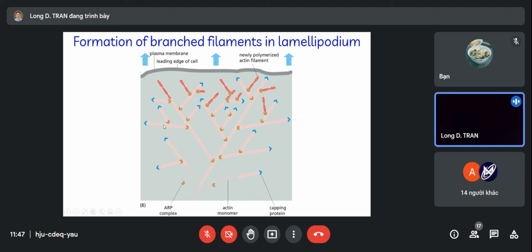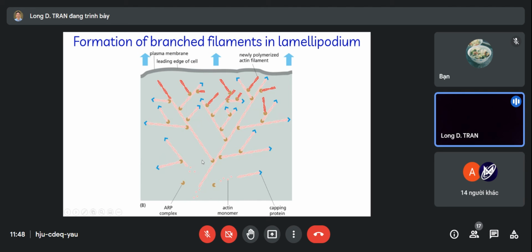And further at the back, some F-actin could not attach to the cell membrane by some other protein. Then it will not generate any force to push the cell membrane forward, and therefore they could be capped by the capping protein. And when the capping protein binds to the plus end of this actin, it stops growing.